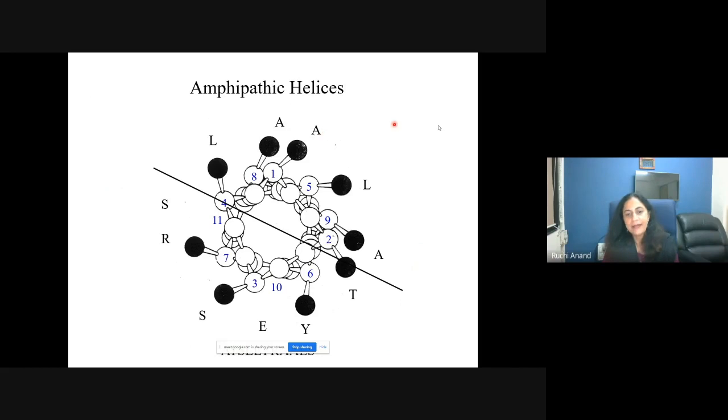If I were to draw a line through, you will see all these amino acids on one side are hydrophobic, leucine, alanine. But on this side, most of the amino acids, serine with OH, arginine positively charged, glutamic acid, tyrosine with an OH, threonine with an OH, are all hydrophilic or charged amino acids.